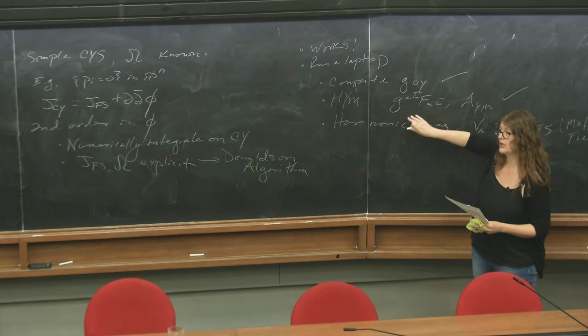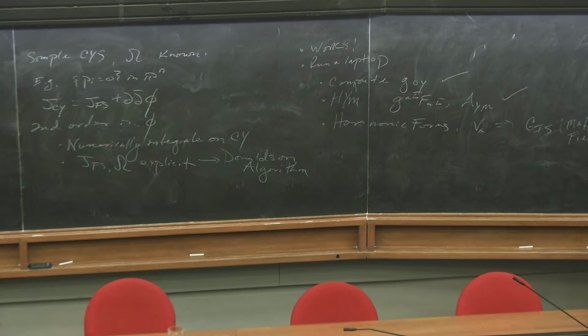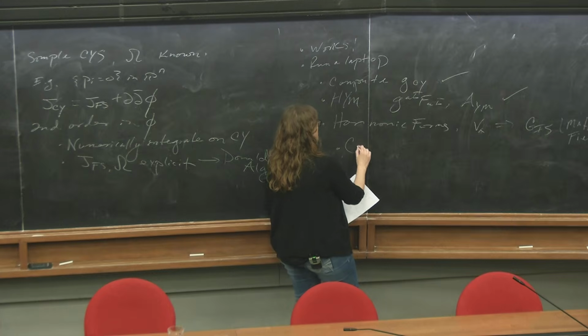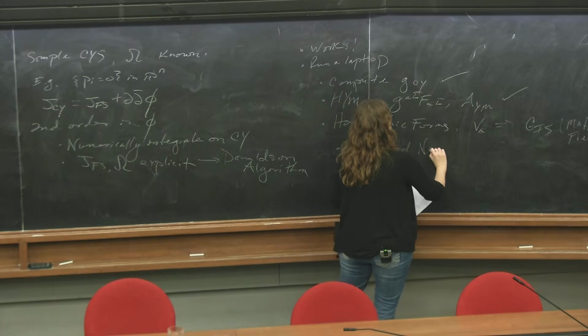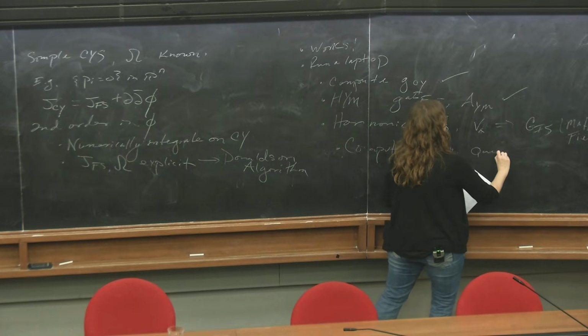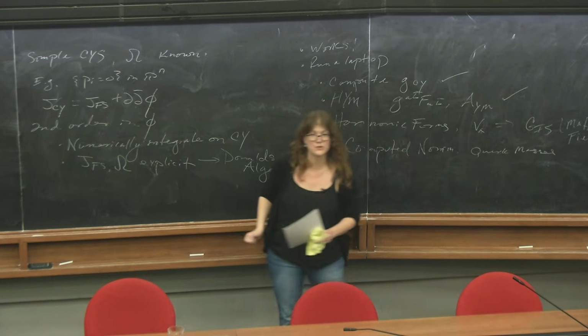So there's an iteration of numeric things you've got to go after. But importantly, in the last two years, people have actually done this all the way through, and they have computed normalized quark masses in one of these compactifications.